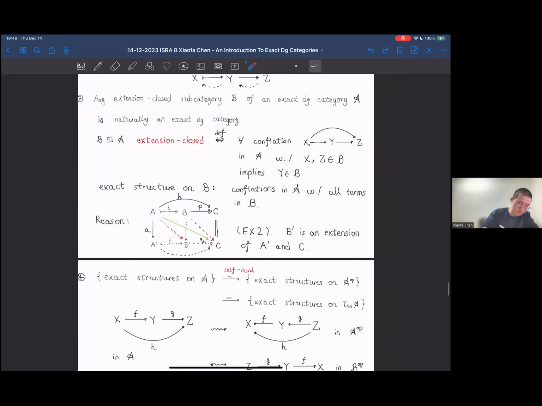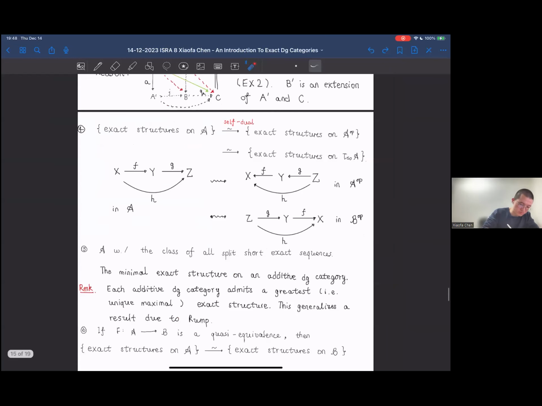And we have a canonical automorphism here, and it is opposite. We can send this vertex to this vertex, and this to this, and keep the middle one. And hence we get a three-term homotopy complex in A op. So from an exact structure on A, we get an exact structure on the opposite of A.